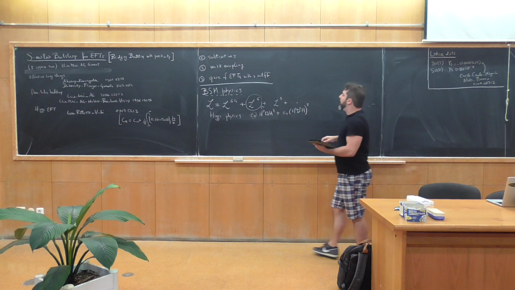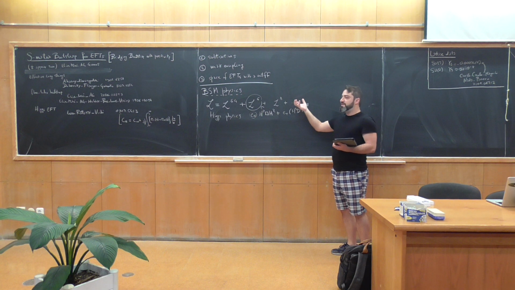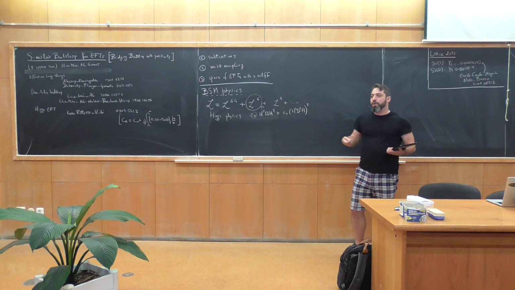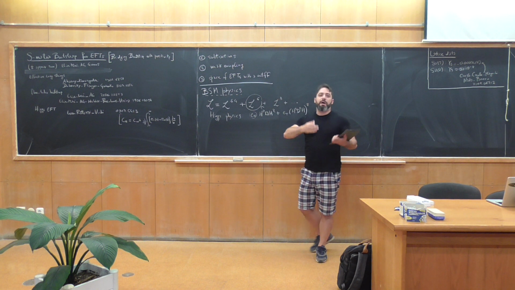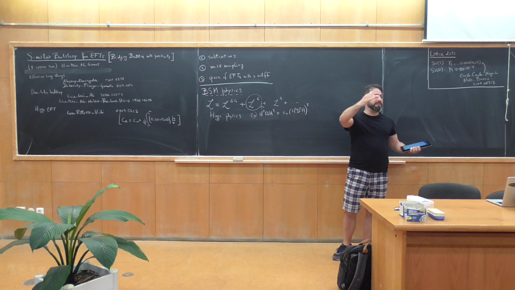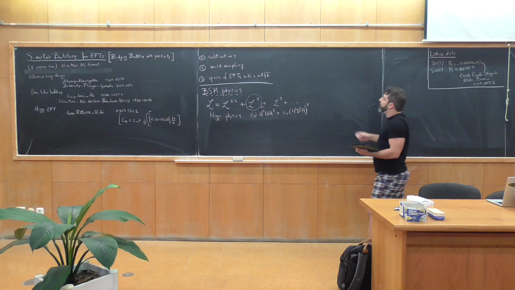Right? But then we know, since we don't know what the UV completion of the standard model is, we feel that the best thing to do is not to assume a lot about, for instance, the properties of this amplitude at high energy. So let's be as generic as possible.